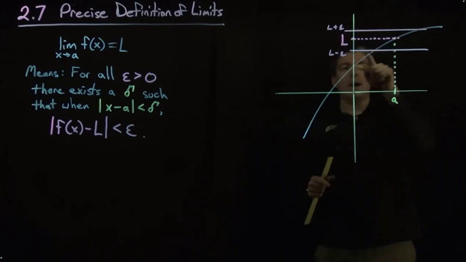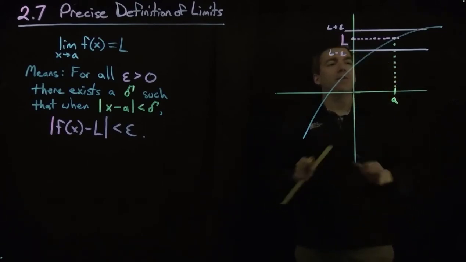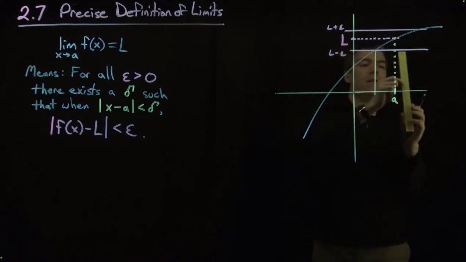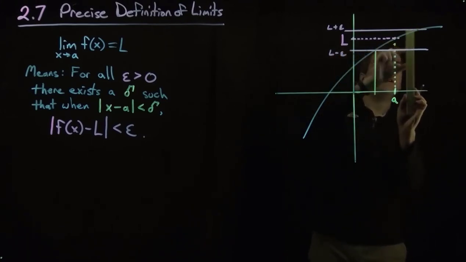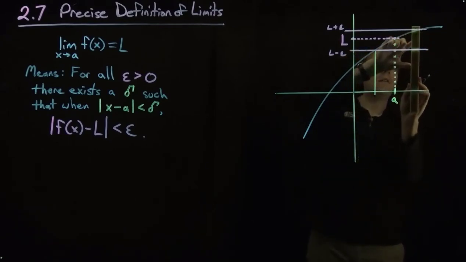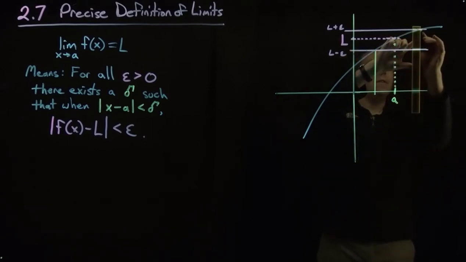So L minus epsilon, here's the curve. So we can draw a vertical line from that point of intersection down here. And also, here's the upper line, which intersects right about there. We'll draw that down.